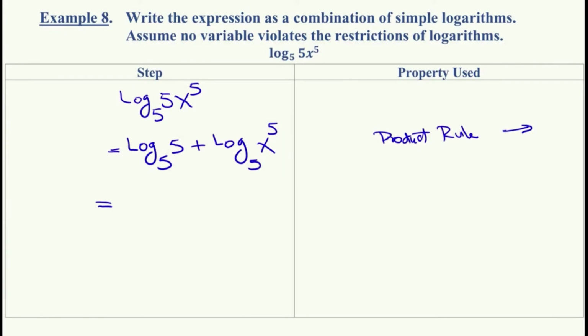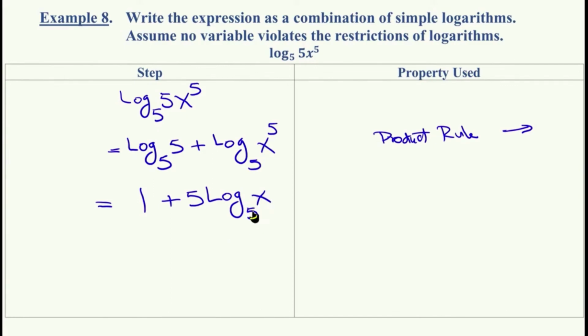Now we can go ahead and remember this basic rule, the log base b of b equals 1. And log base 5 of x to the 5, what we can do is we can bring the 5 down. So we get 5 times log base 5 of x. Now, notice that is a simple argument because it's just a variable to the power of 1.